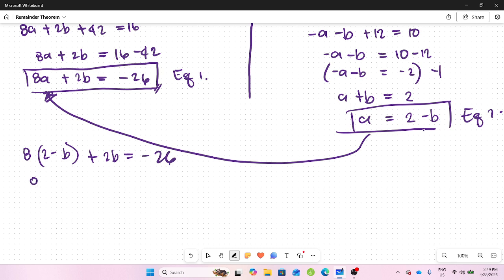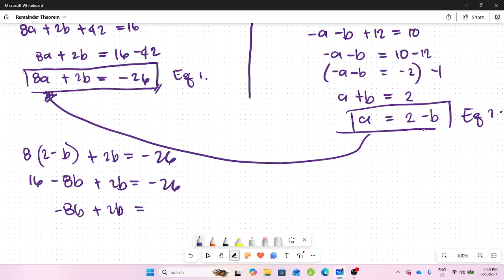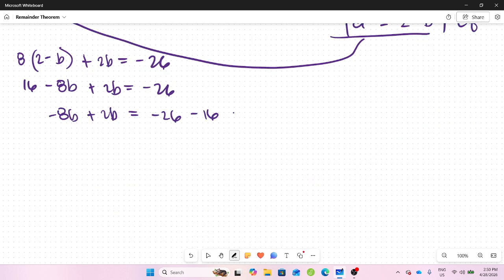Distribute, so this becomes 16 minus 8b plus 2b equals negative 26. So transfer 16: negative 8b plus 2b is negative 6b, equals negative 26 minus 16.